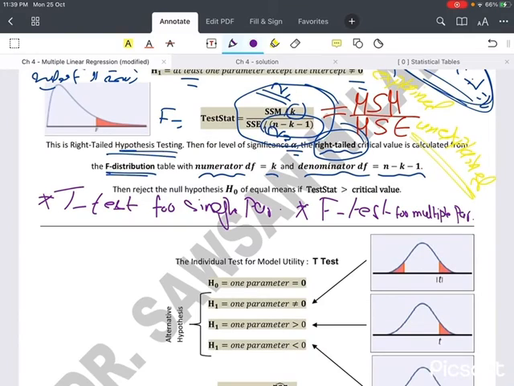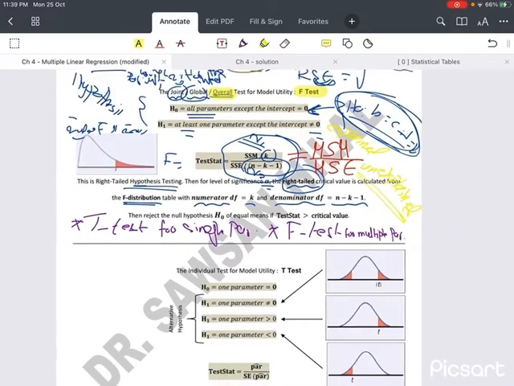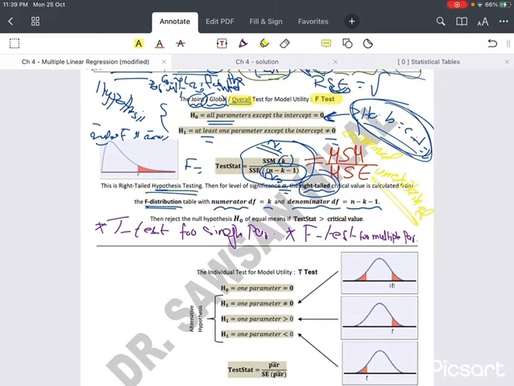Okay, for multiple parameters. So we are left with this statement here. Then reject the null hypothesis H naught of equal means if the test statistic is greater than the critical value.